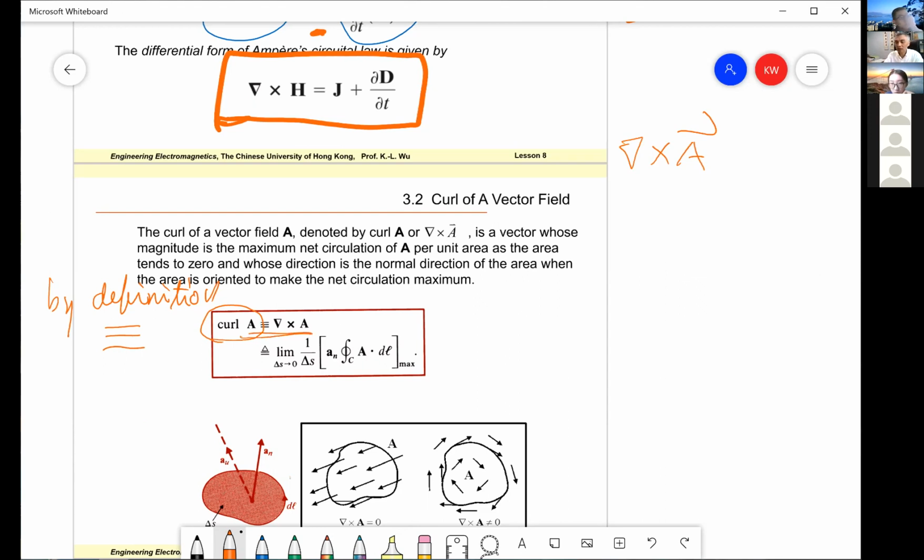Let me use this. I found a piece of paper. Can you see me? The paper has a dot. This dot is a point I'm interested in.